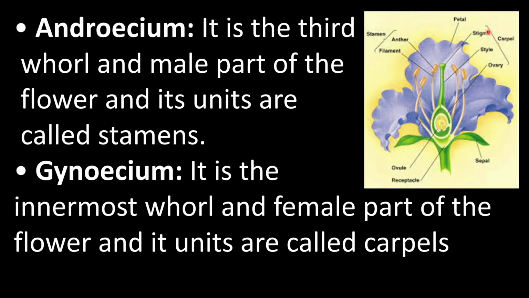And the last whorl is the gynoecium. It is also called a carpel or pistil. And in the gynoecium, you will find stigma, style and ovary. So these are the parts of the carpel, and carpel is the innermost whorl. So this is the longitudinal section of the bisexual flower in which all the four whorls are present.